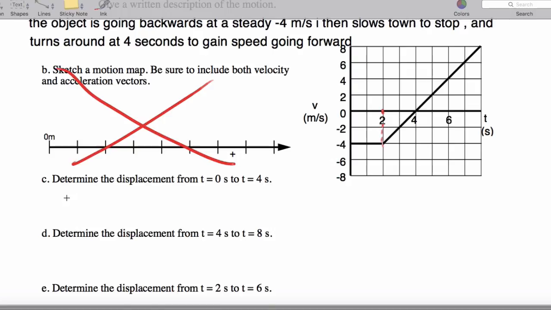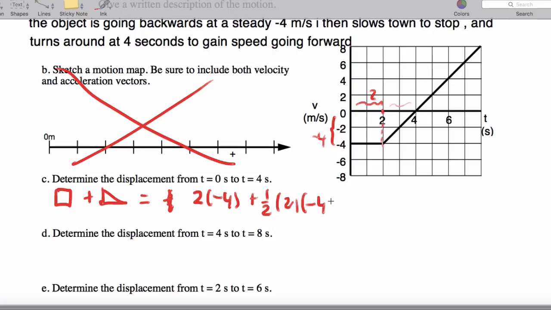So from 0 to 4 seconds, it's going to be the square plus the triangle. Sorry, it's going to be 2 here times -4 here plus 1/2 times this base, which is 2, times the height, which is -4. So I'm getting -8 plus -4, which is -12 meters.